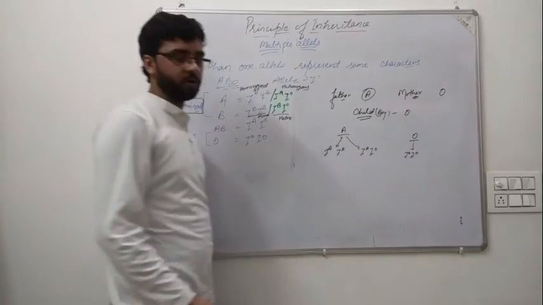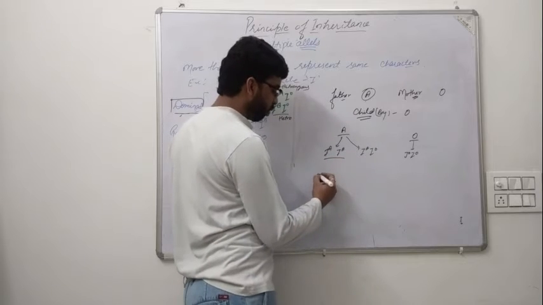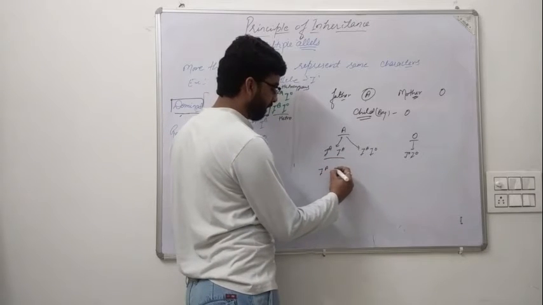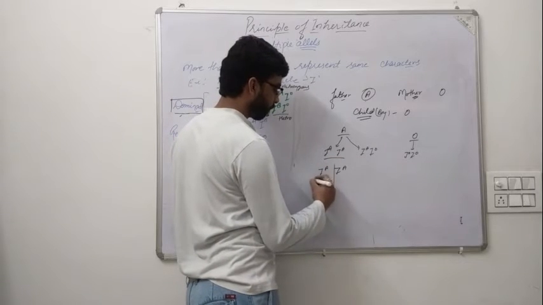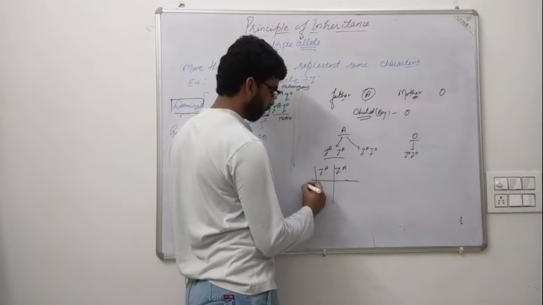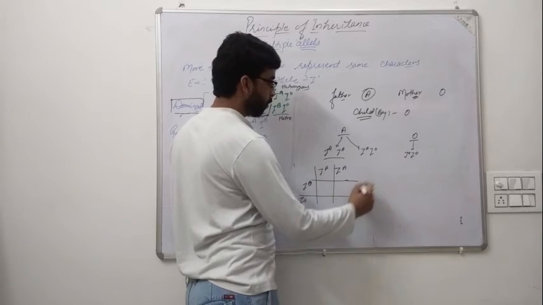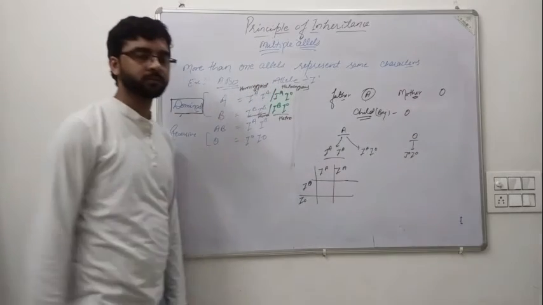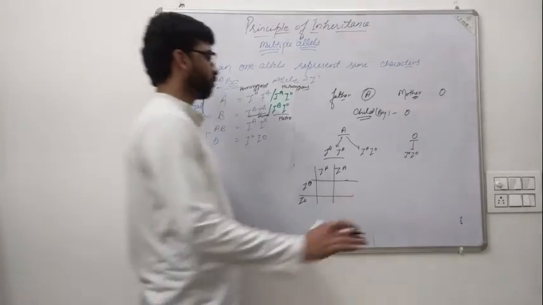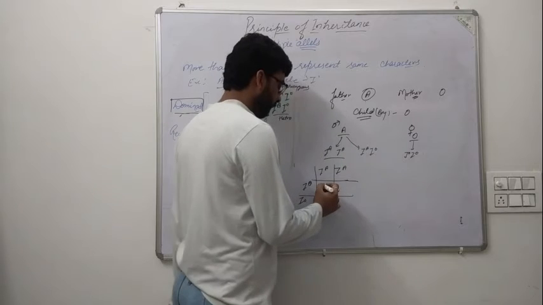There is no chance of another. Firstly, we do a cross with IAIA and IOIO, taking O as the mother and A as the father here.